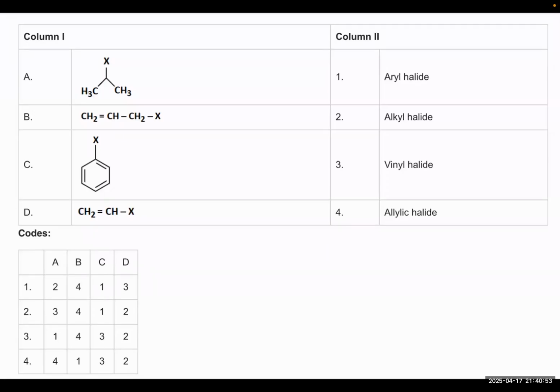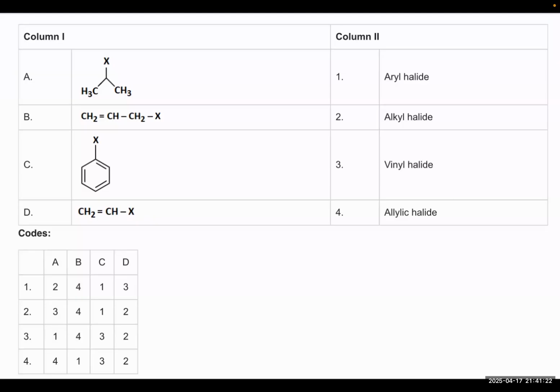I know, both of you. Sir, B is an alkyl halide. Yeah, B is an alkyl halide. And C, A is 1. A is also an alkyl, but A is more of an allylic halide, I think, or vinyl.